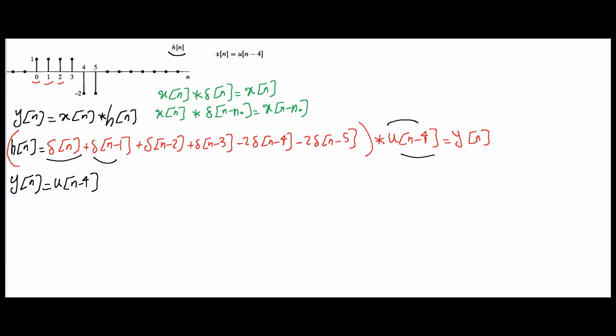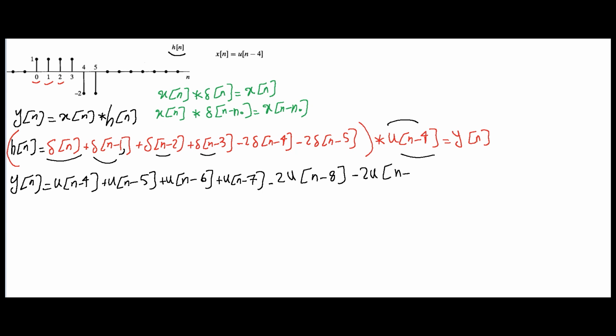The convolution of delta[n minus 1] with u[n minus 4] shifts the signal one sample to the right, giving u[n minus 5]. Similarly, the remaining terms become u[n minus 6], u[n minus 7], minus 2 u[n minus 8], and minus 2 u[n minus 9].